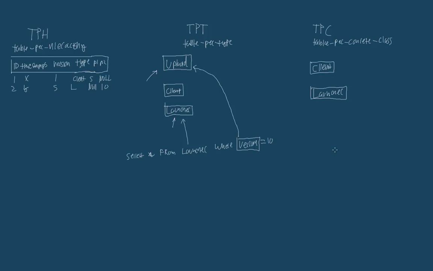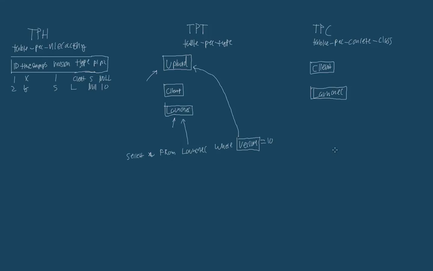Table per concrete class I like more than TPT because it's less complicated, and it allows you to write concrete queries. If you're really ever only going to be querying a client or one of the concrete types, so you're only going to be querying client or you're only going to be querying for launcher, TPC makes a whole lot of sense because we never need to do an abstract query that queries for everything.